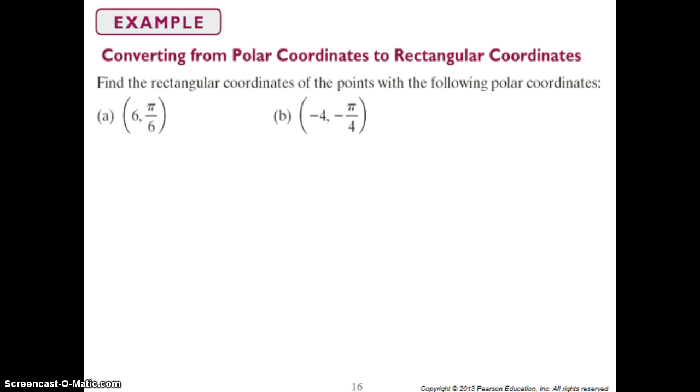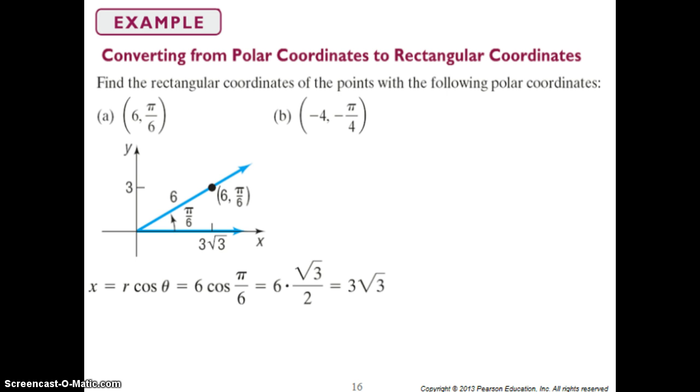So here's an example of using those formulas, r sine theta and r cosine theta, to find our rectangular coordinates. If we look at A, we see that A has polar coordinates r of 6 and theta of pi over 6. If we plot those points, we get a point in quadrant 1 that's 6 units from the origin in the pi over 6 direction.